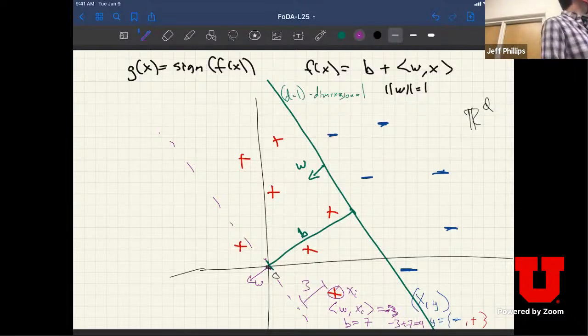Okay, so all of the plus points except for that one have a negative value if I take the dot product, but if I add a value of B to it, then I'm bringing those back above 0.